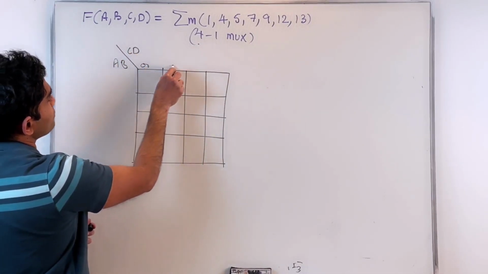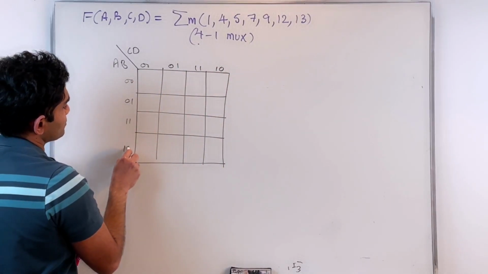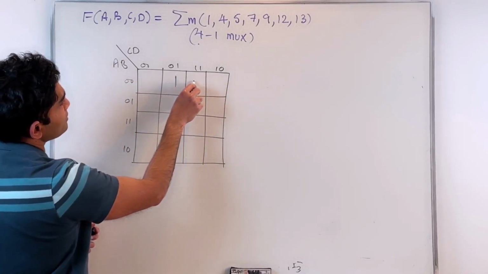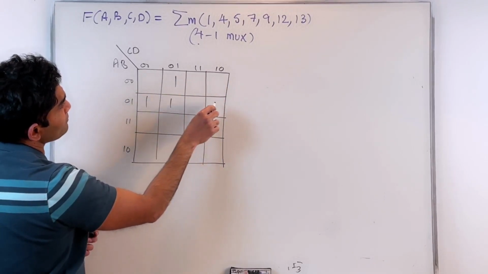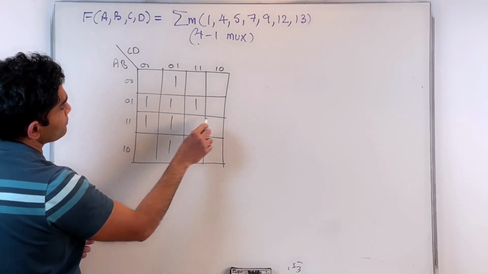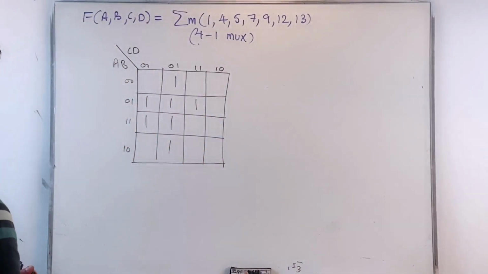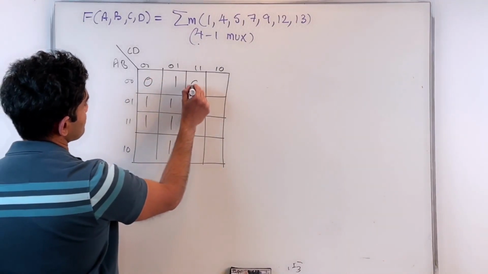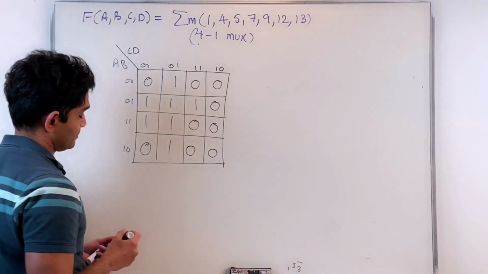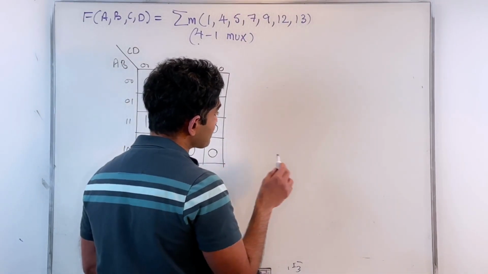We have 4 inputs, and then I have the minterms 0, 1, 2, 3, 4, 5, 6, 7, 8, 9, 10, 11, 12, 13, 14, 15. For now, let me also put zeros in the rest of the places, and we'll see why. I want to implement that function using a multiplexer and the minimum number of external gates.